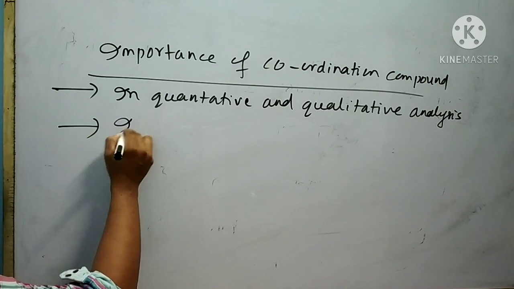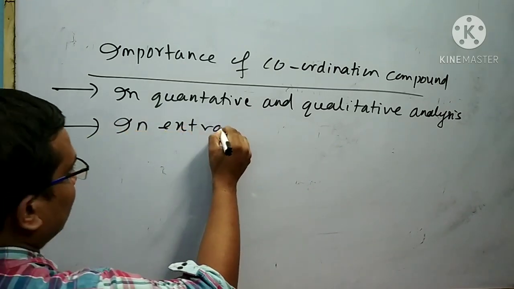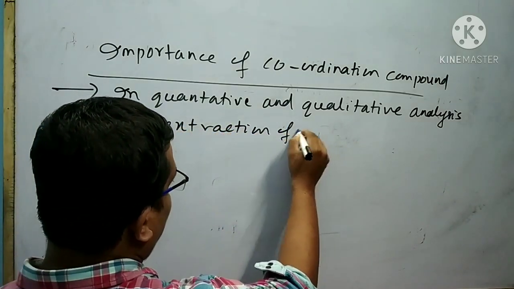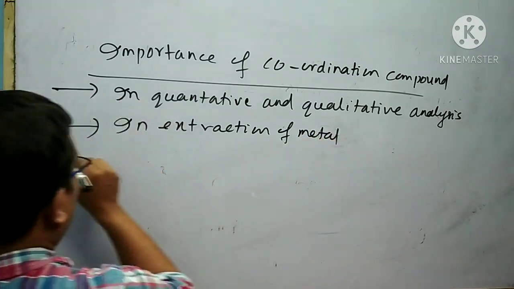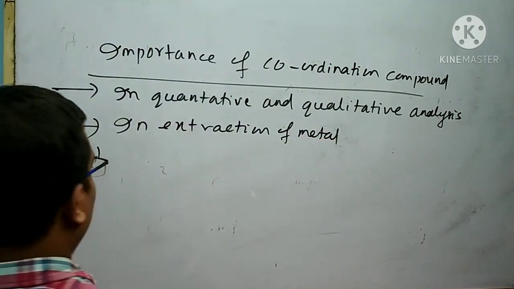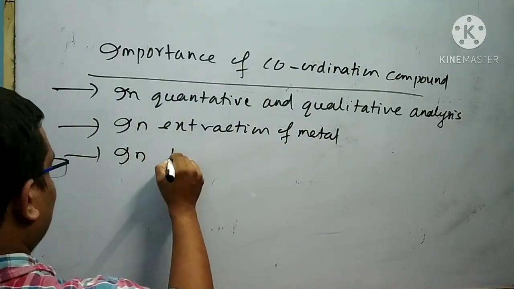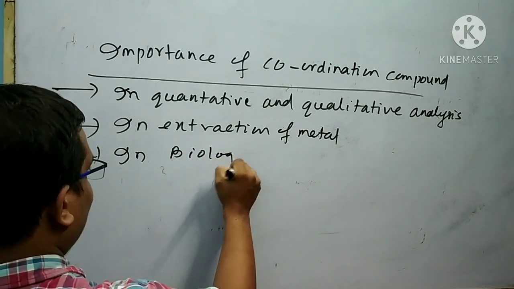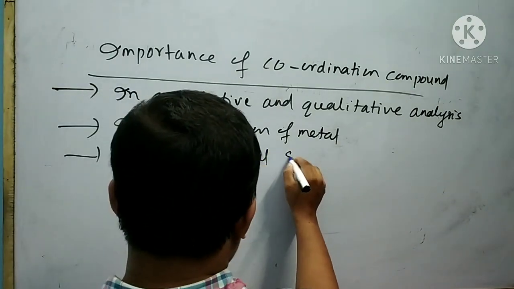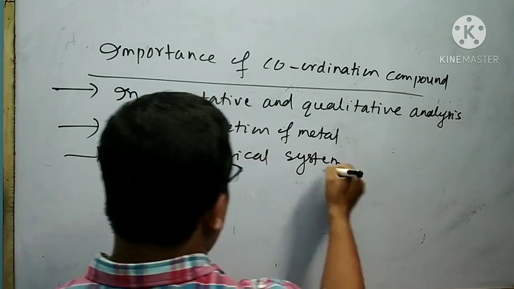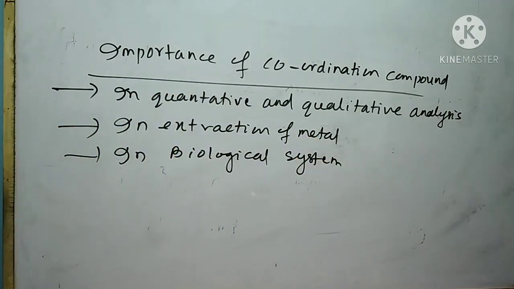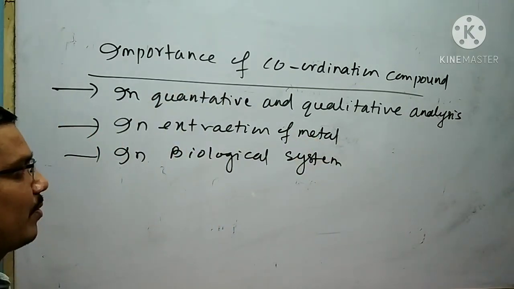Second application is in extraction of metal. Third application is in biological system. These are the different applications of coordination compounds.